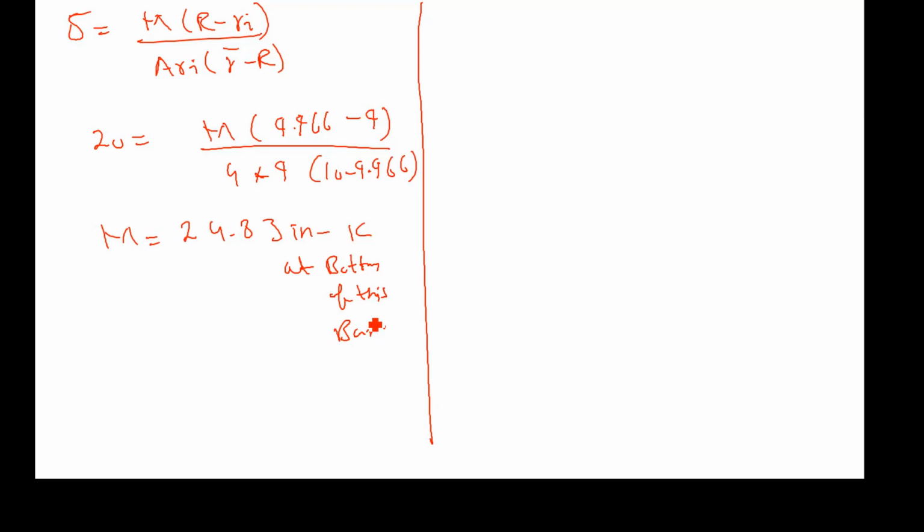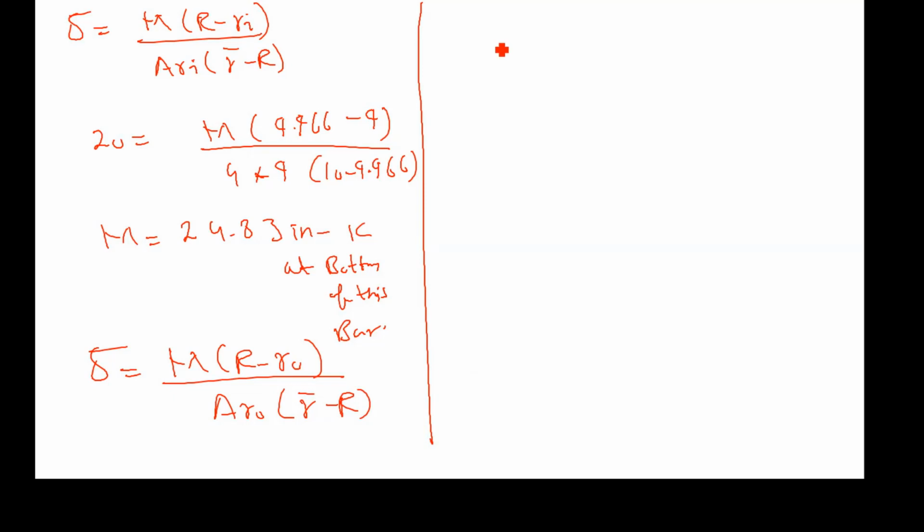Now the compressive stress at the top of the bar is going to become equal to M into (r minus r naught) divided by A into r naught into (r bar minus r).